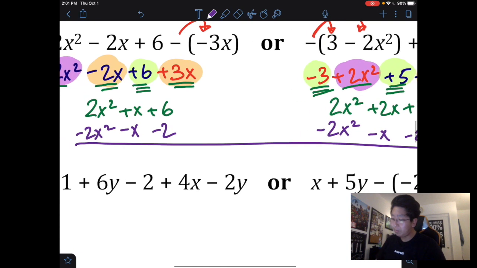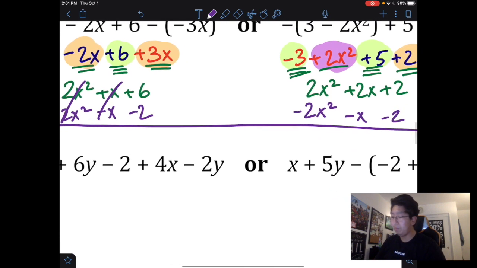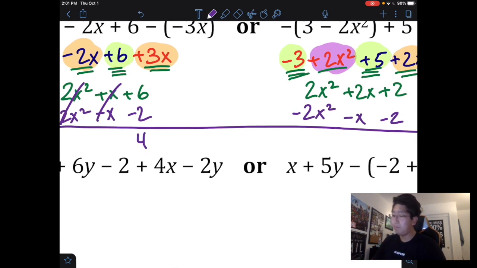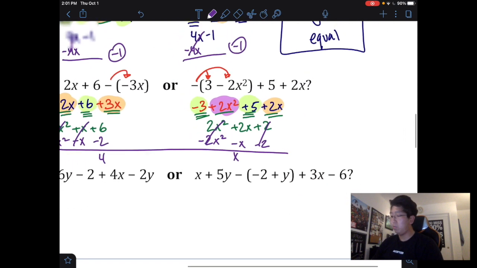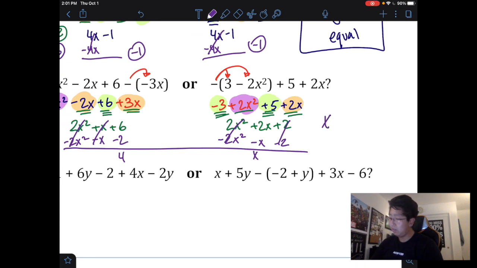Okay? 2x squared minus x, those go away. 6 minus 2 is 4. Now on this side, 2x squared goes away. 2x minus 1x is x, and 2 minus 2 is 0. So on one side we have x, and the other side we have 4.